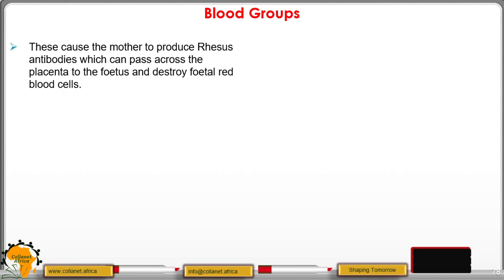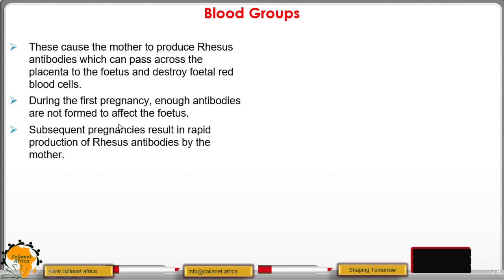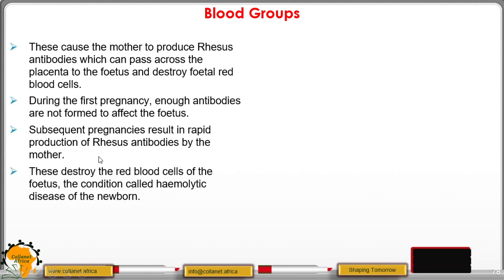Remember that at that time the fetus is still delicate, so its red blood cells can be destroyed. During the first pregnancy, sufficient antibodies are not formed to affect the fetus. But the following pregnancies result in rapid production of Rhesus antibodies by the mother. This destroys the red blood cells of the fetus that the mother is now carrying.